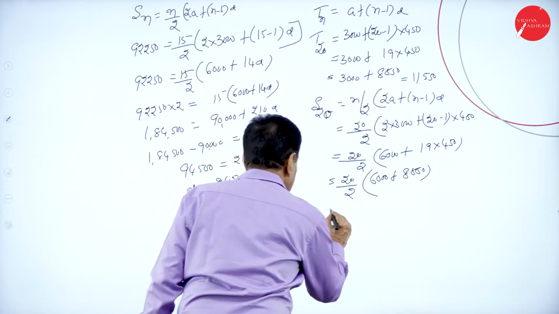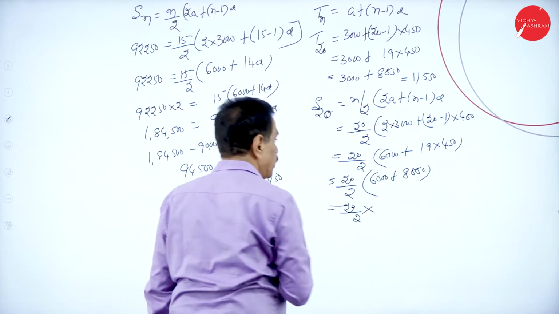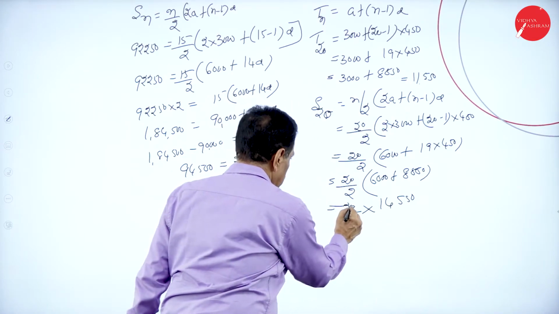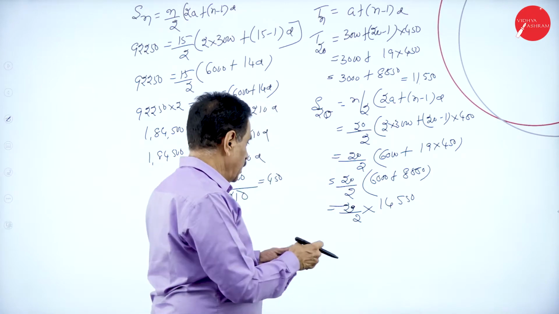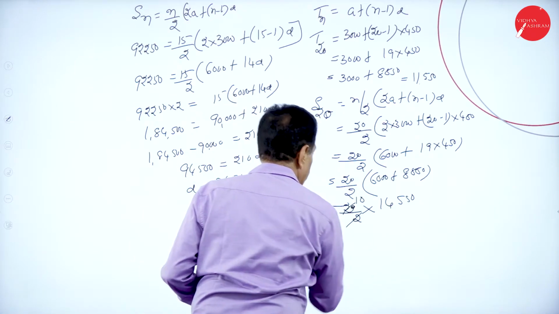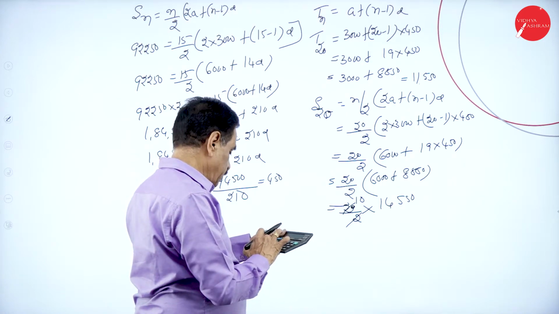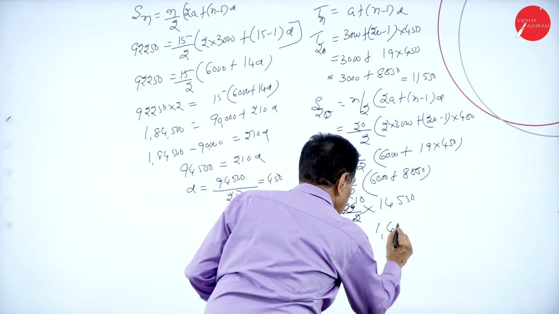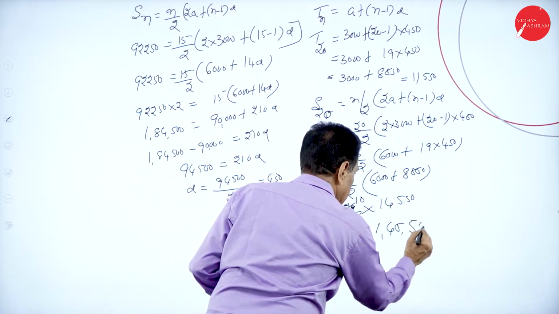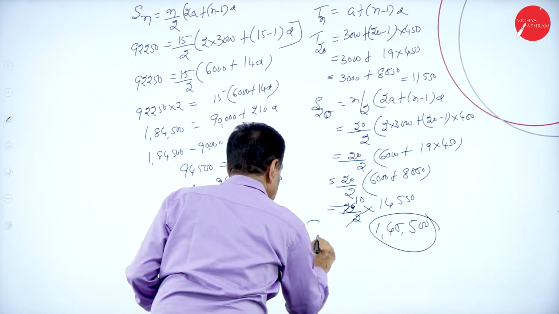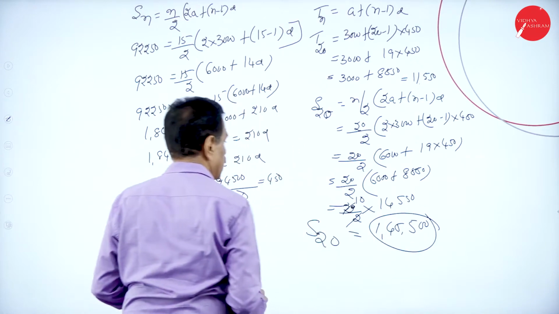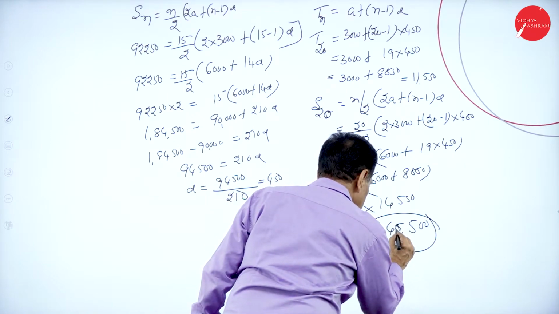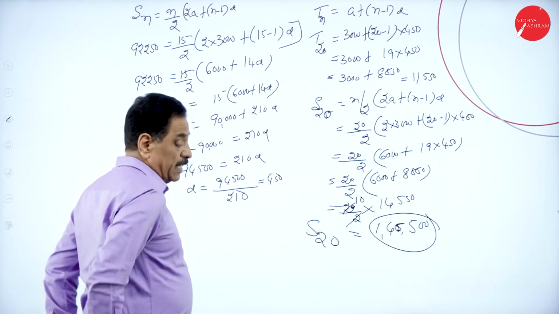So 20 divided by 2 into 14,550, that is 14,550 into 10, is 1,45,500. This is S20, the summation at the end of the 20th year: 1,45,500.